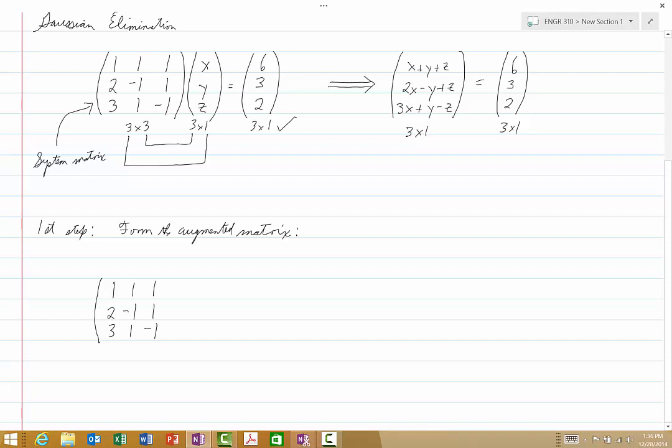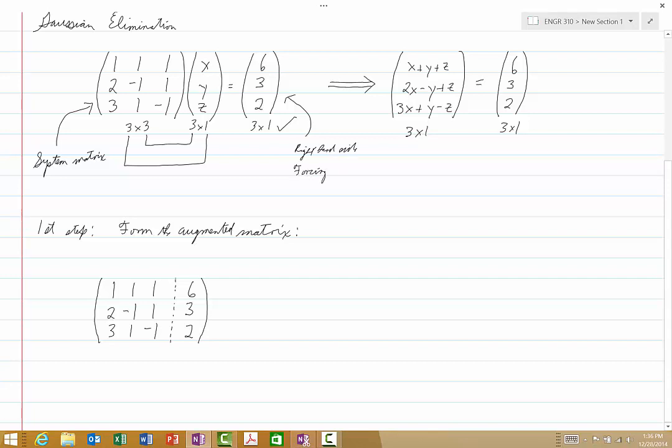But now we put, some people like to put a dashed line. Some people don't put any line at all. But you want to put one more column here, and the other column will be the right-hand side. Some people just call this right-hand side, some people will call it a forcing vector.